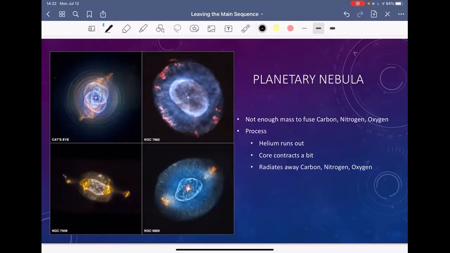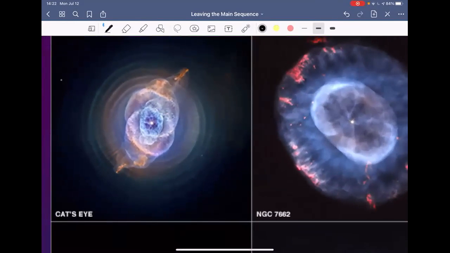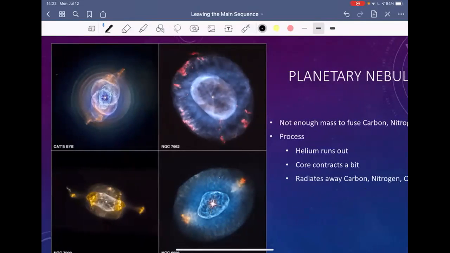So planetary nebulae kind of look like explosions, right? Here's the Cat's Eye Nebula, or these over here, they look like explosions, like something blew them apart, but not really. These layers of the sun just started floating off into space as there was no more fusion happening.